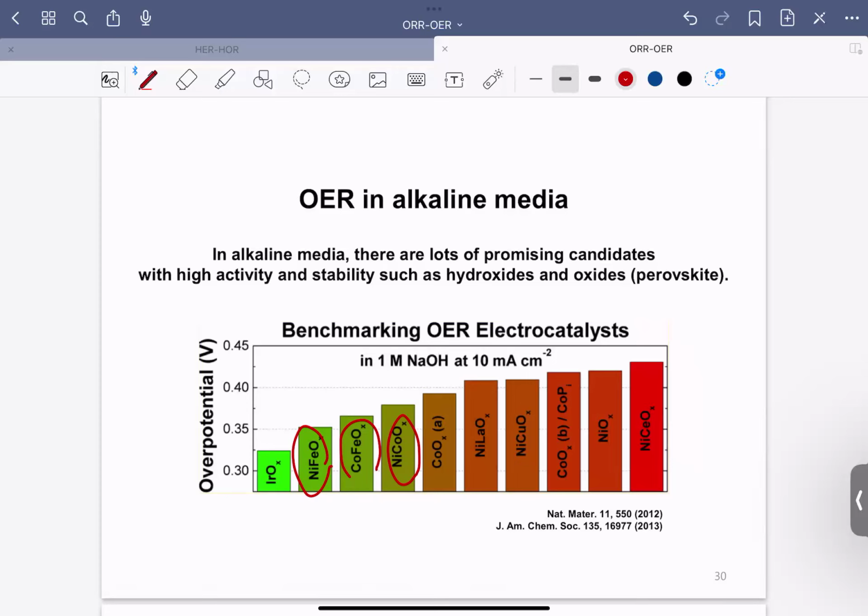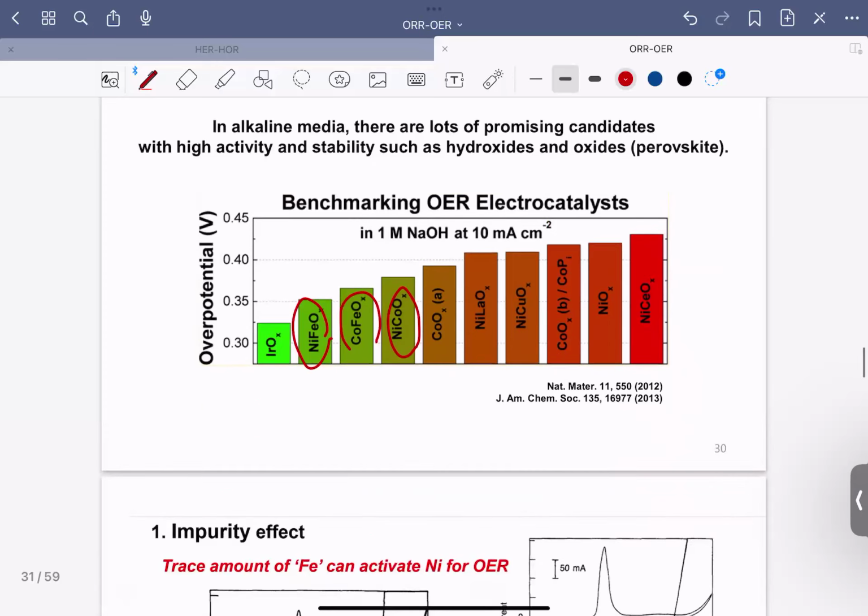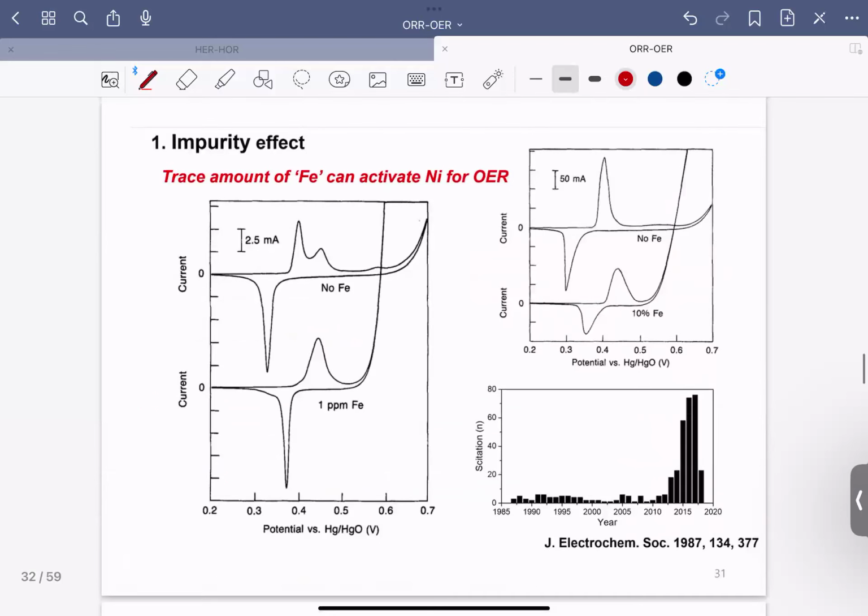This is the reason why many researchers move to alkaline media. There are lots of possibilities for choosing good materials for the OER, right? So we would like to discuss alkaline OER in detail.